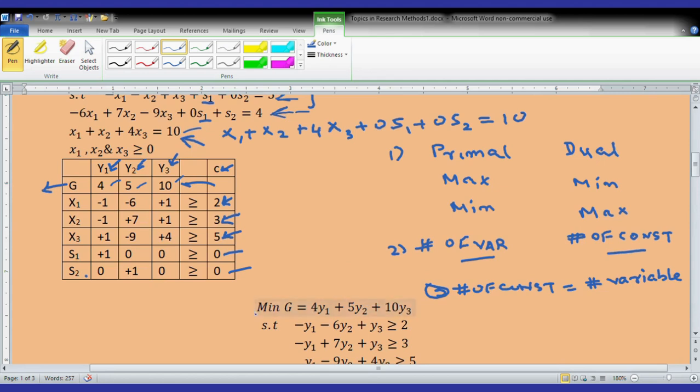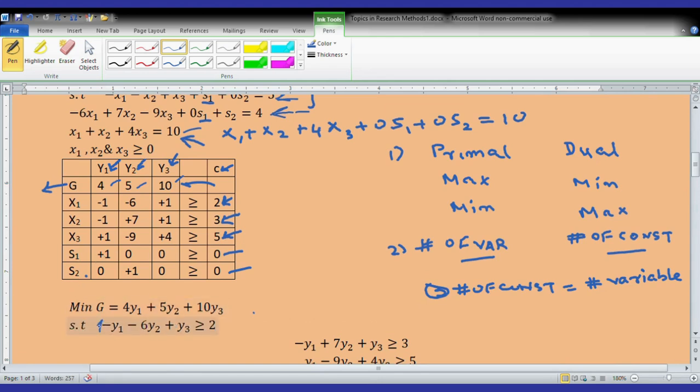When we look into this equation, minimize g, we are saying that minimize g is equal to 4y1, where 4 is the right hand side of the first constraint, plus 5y2, where 5 is the right hand side of the second constraint, plus 10y3, where 10 is the right hand side of the third constraint.